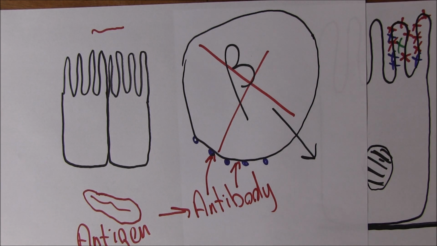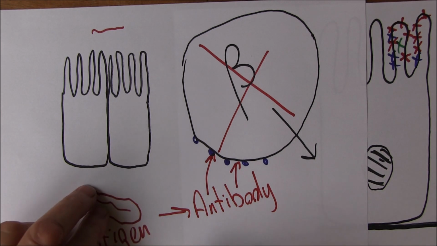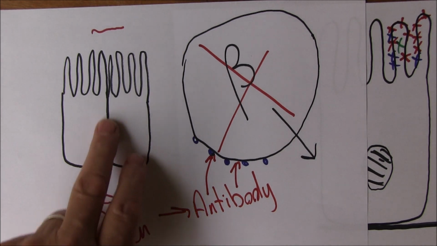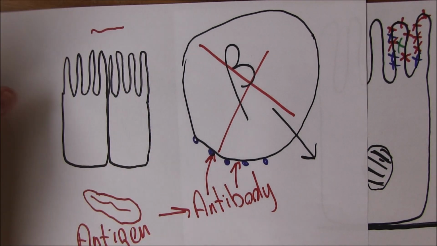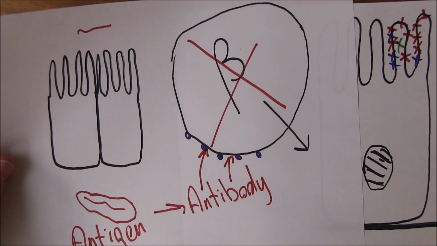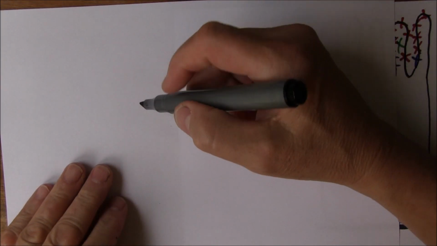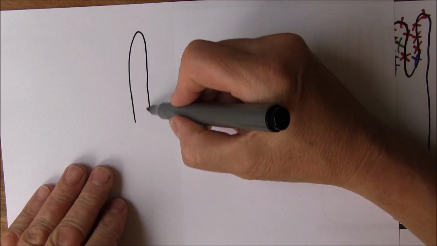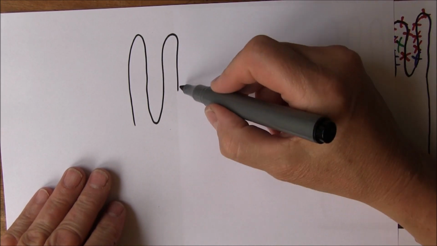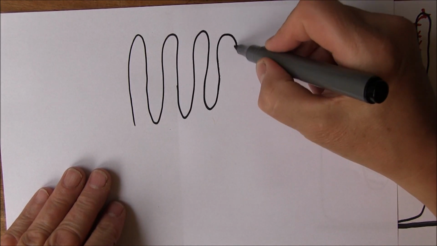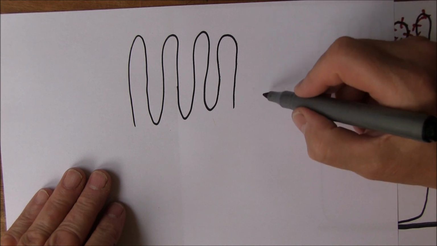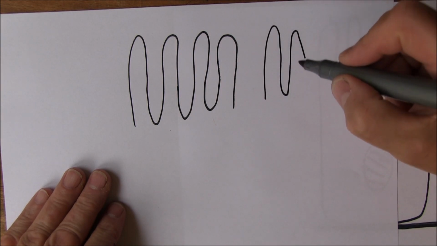But getting away from this digression, I said that most textbooks draw this as a tight junction, and it's true, but they tend to draw it straight like that. This is even more complicated. So what you actually have, if you imagine that's the microvilli on top of an enterocyte, and they're the microvilli on top of the enterocyte next door.